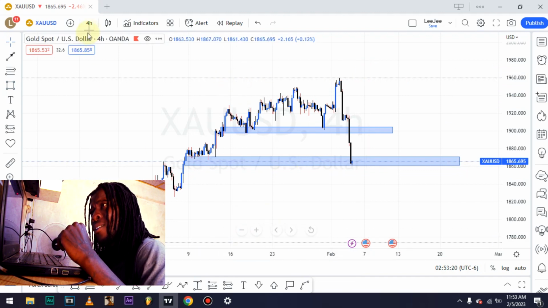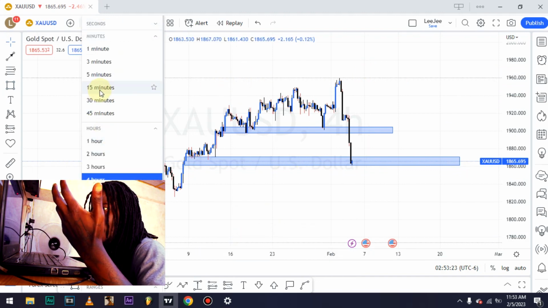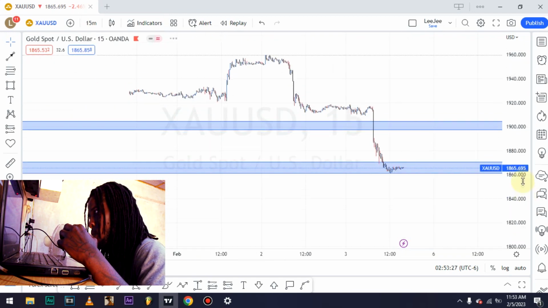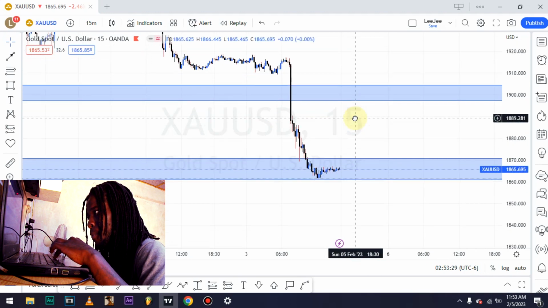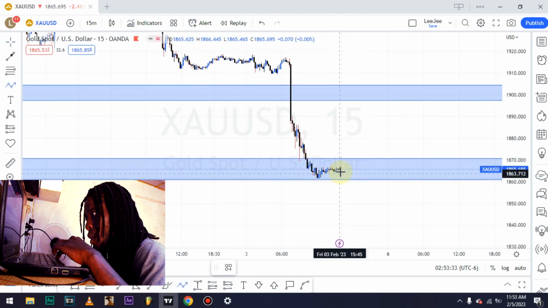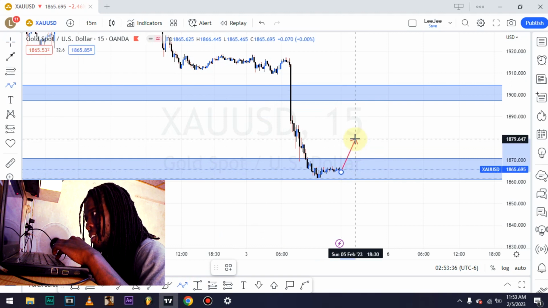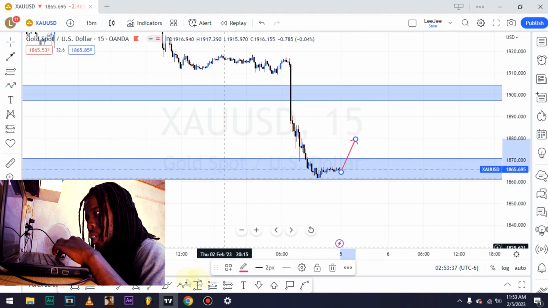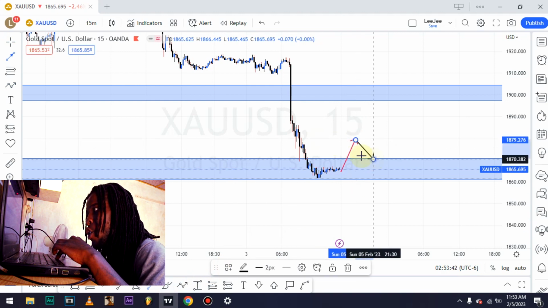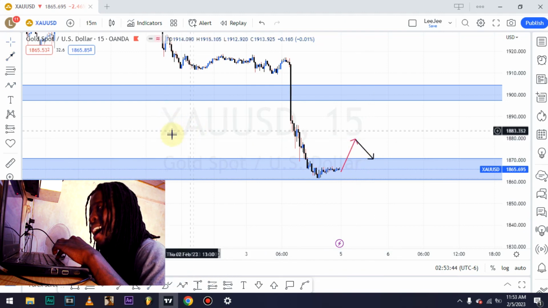Just go back to the lower time frame, 15. We need new structures to be formed. Like I said before, I need a push to the upside, but after that push I will need a pullback to give me the new higher low.